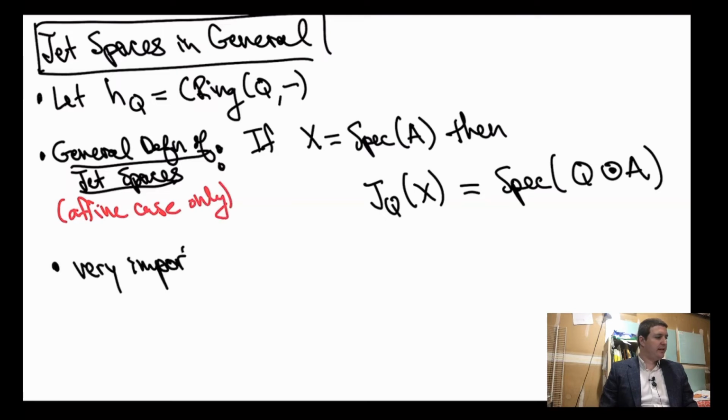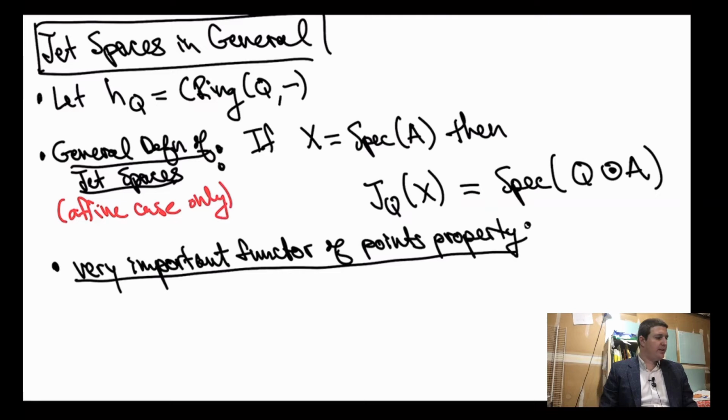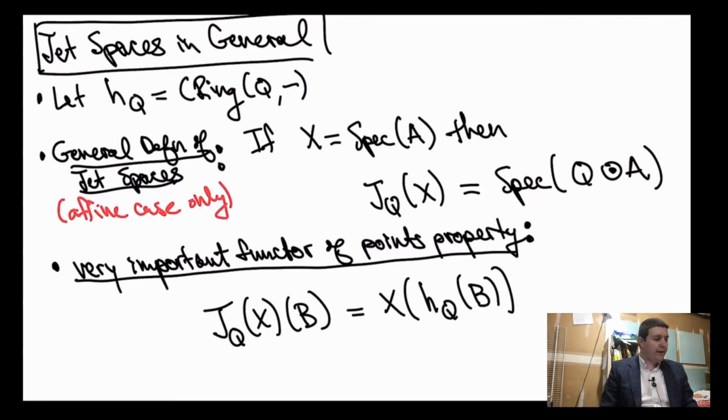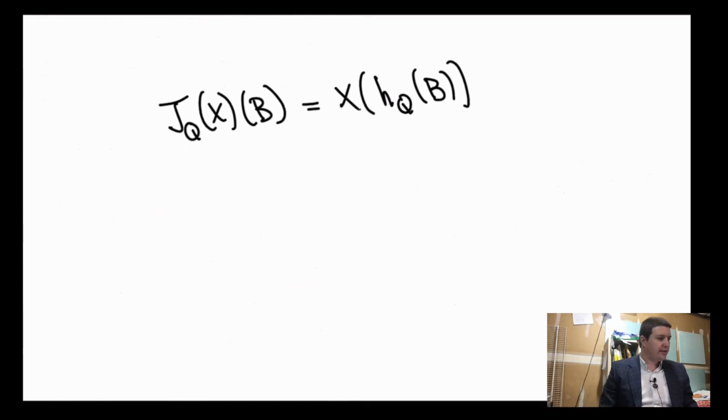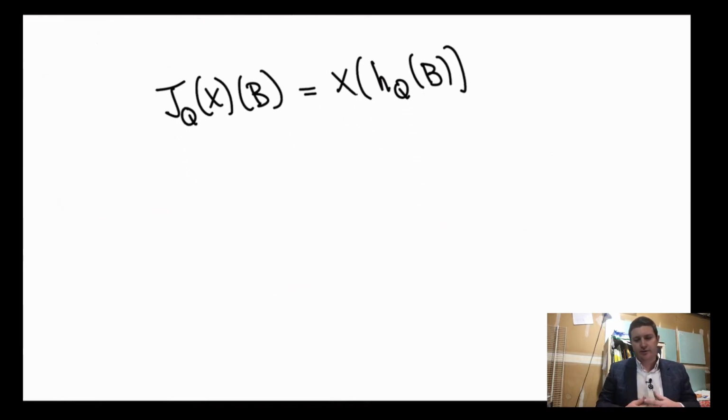And then you have this functor of points property that is a lot like Weil restriction, where the points of the jet space are the Q points of B. So I'm just rewriting the previous slide in geometric notation. Okay. All right. So let's look at this in an example, and I just want to do something fun so you can see that this leads to interesting things.